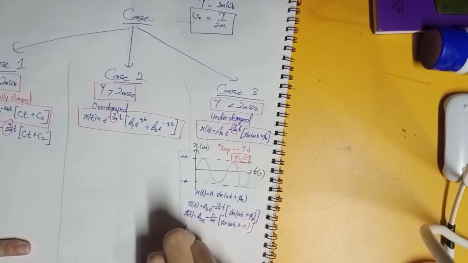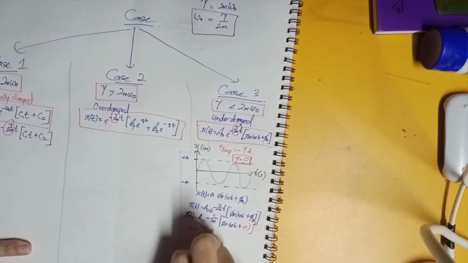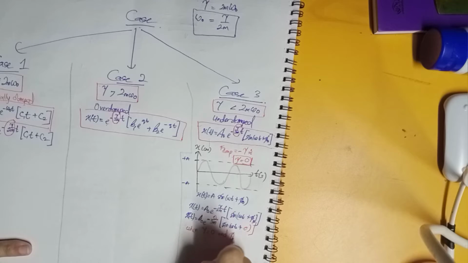So here gamma is equal to 0 and phi naught is equal to 0. Okay, so this is a special case.